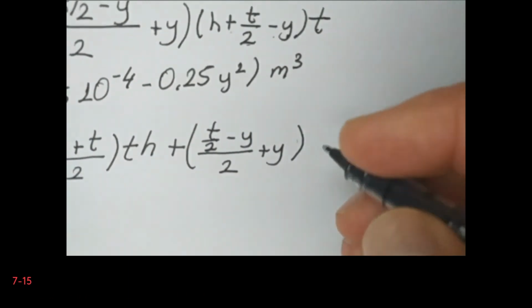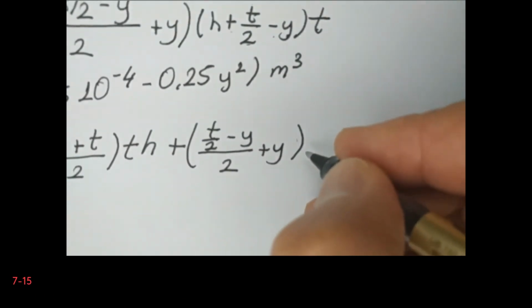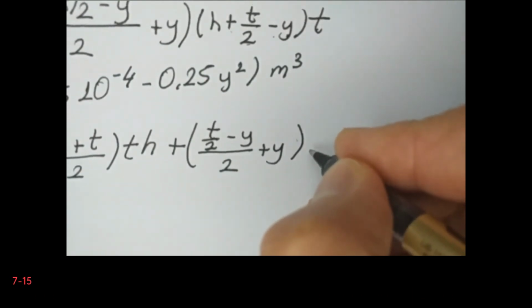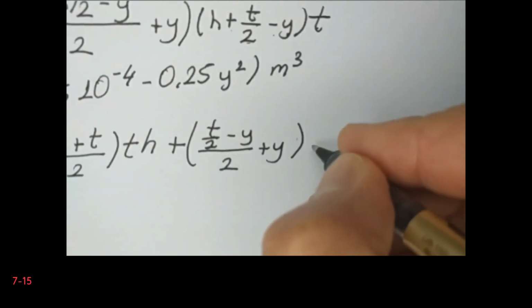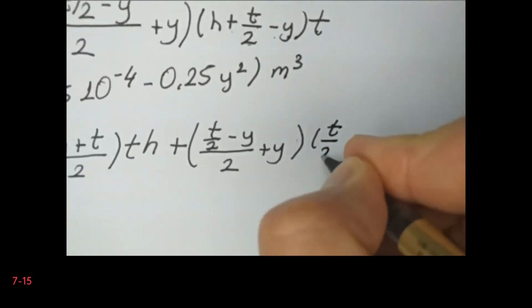Then the area of it is t divided by 2 minus y multiplied by the width, which is 2h plus t.